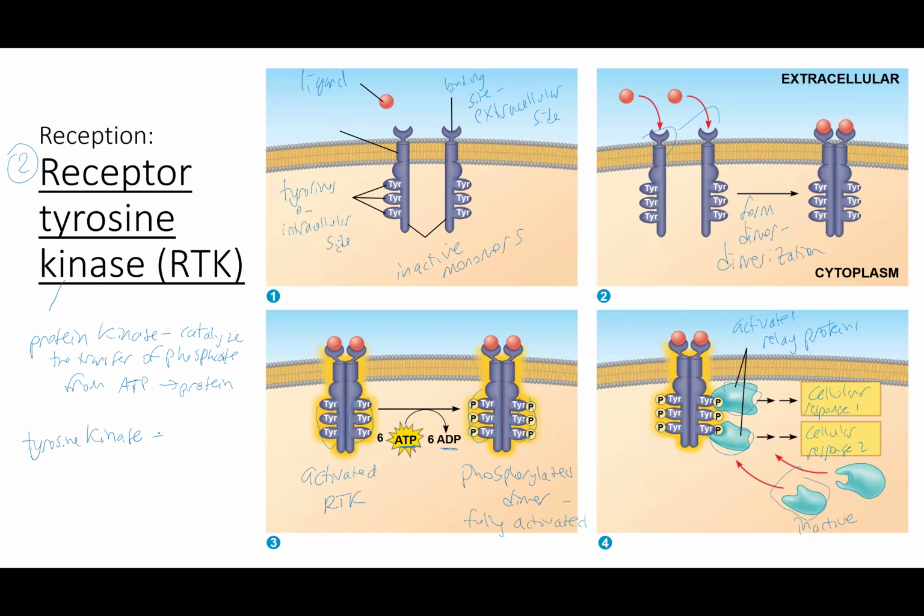What do you think it does that's specific? Yeah, so a protein kinase is going to attach those phosphate groups to a protein. A tyrosine kinase is going to attach those phosphate groups to tyrosine specifically, so to a specific amino acid on that protein.